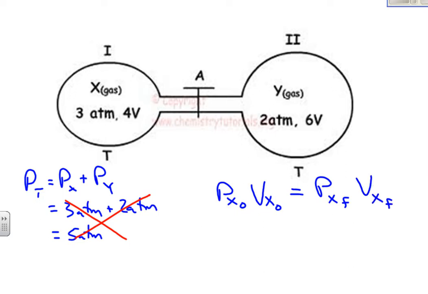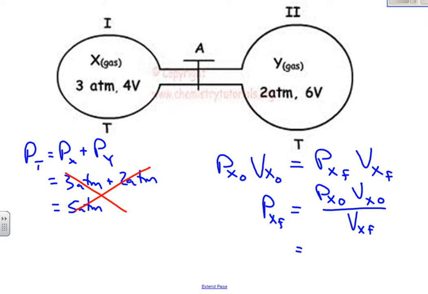All right, so this is just Boyle's law, where P1V1 equals P2V2, and if we solve for the final pressure of gas X, we would have initial pressure times initial volume divided by the final volume. Plug those in.